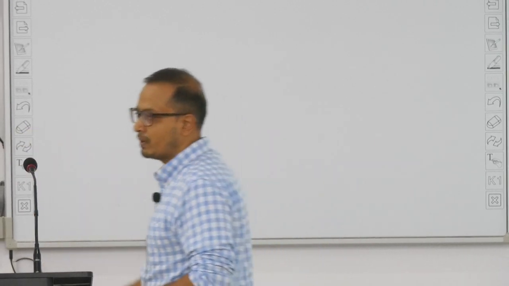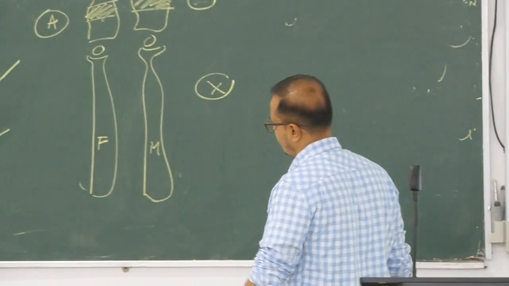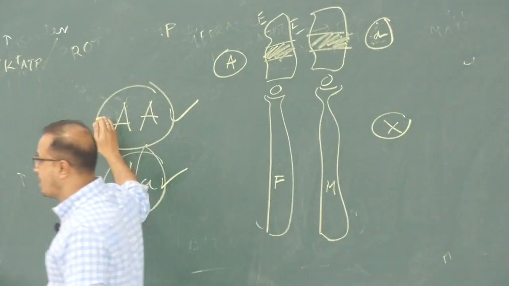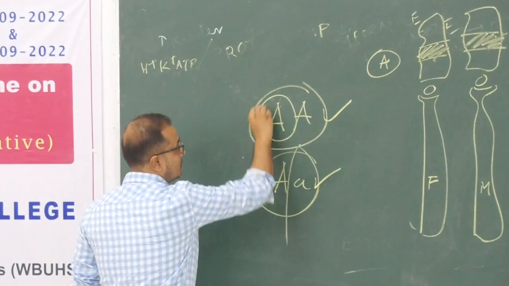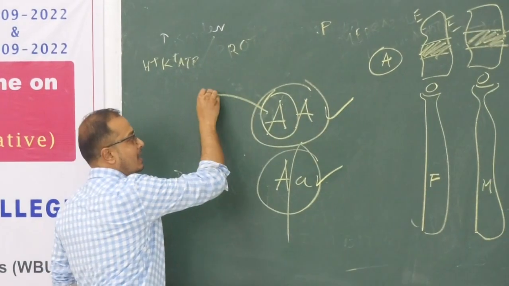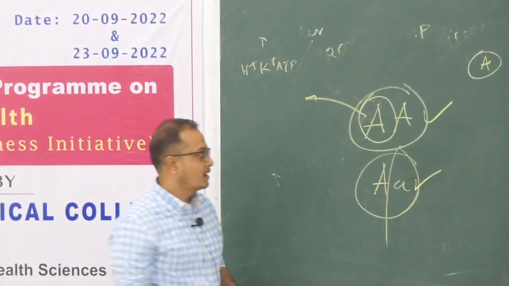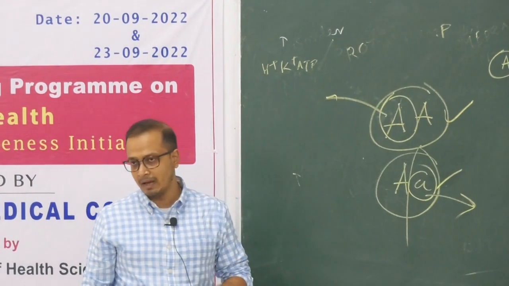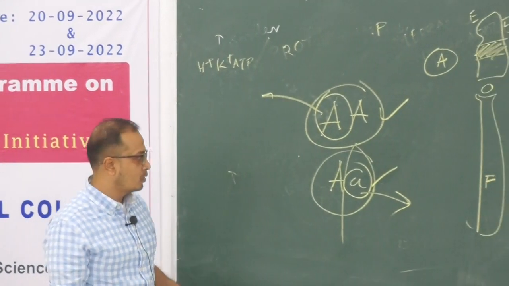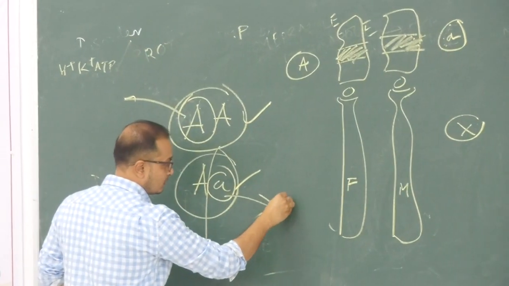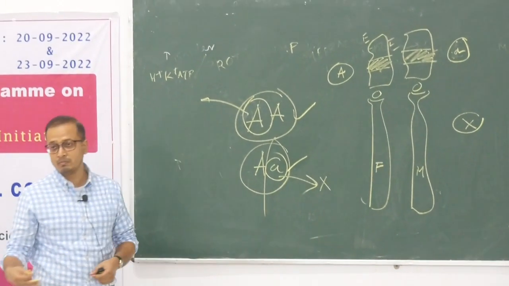So we have these two genes, big A and small a. If the gene on one chromosome is expressing, say A, we call it the dominant gene. And the other one, say small a, which is not expressing, we call the recessive gene.